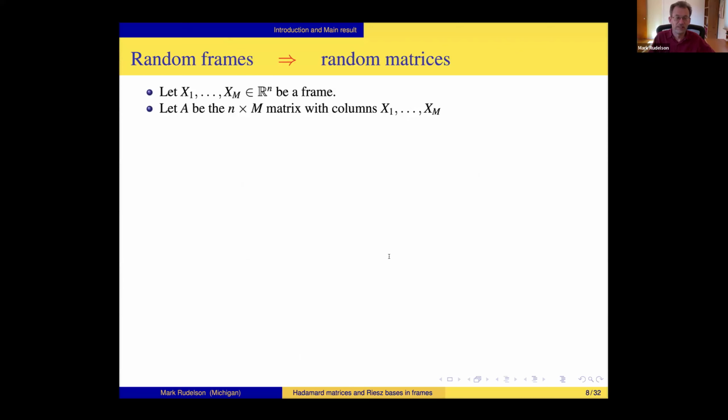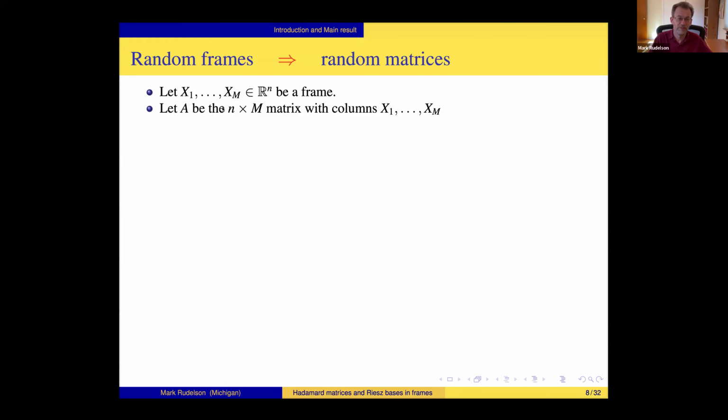So let's translate this to the probabilistic way. Instead of frames, let's consider it in the language of random matrices. Let's consider a matrix whose columns are frame vectors.